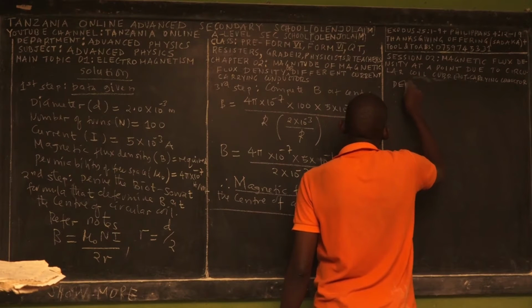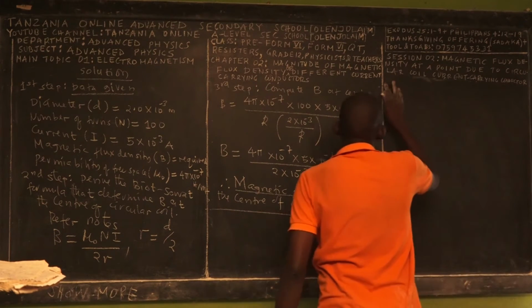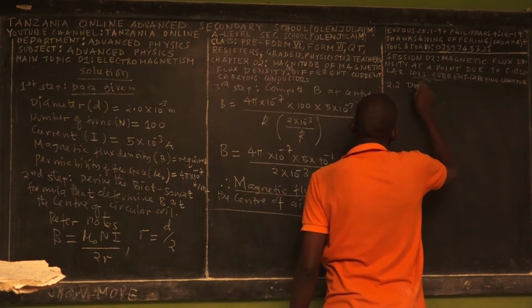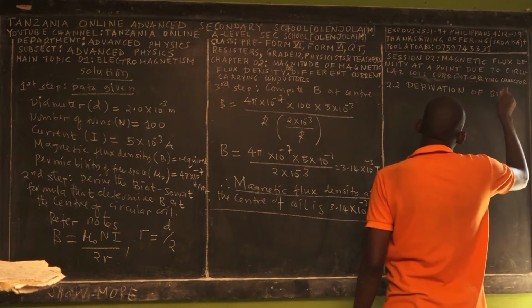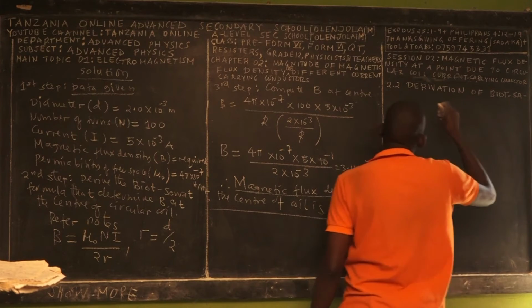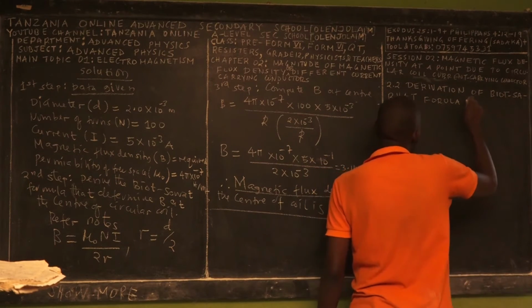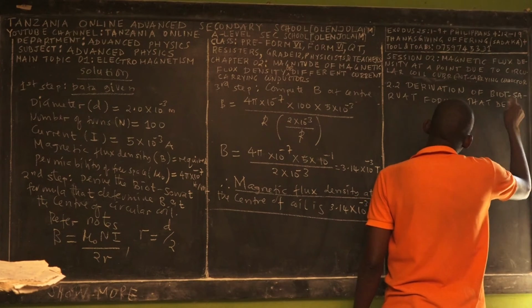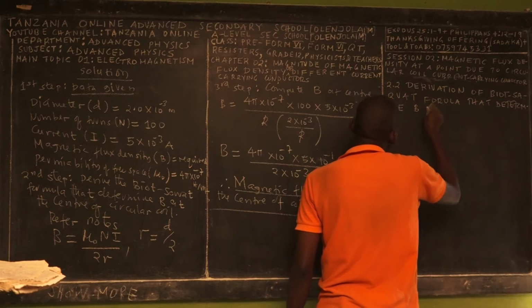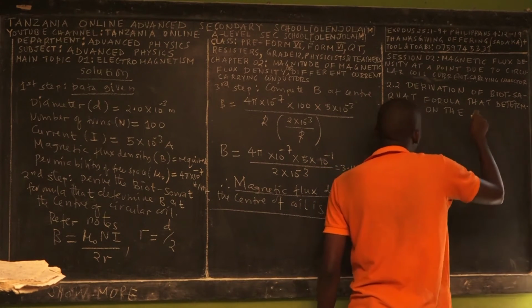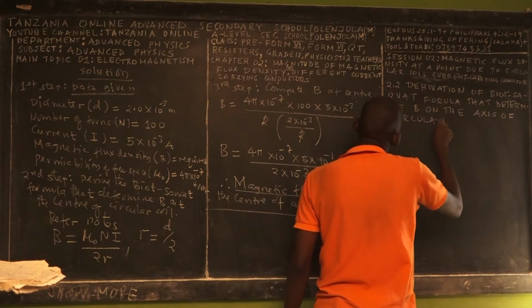This is 2.2: derivation of the Biot-Savart formula that determines magnetic flux density on the axis of a circular coil.